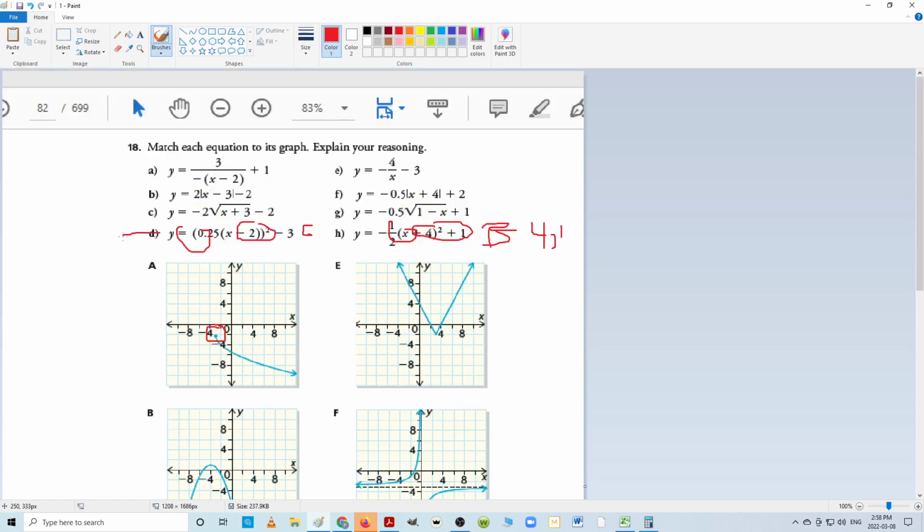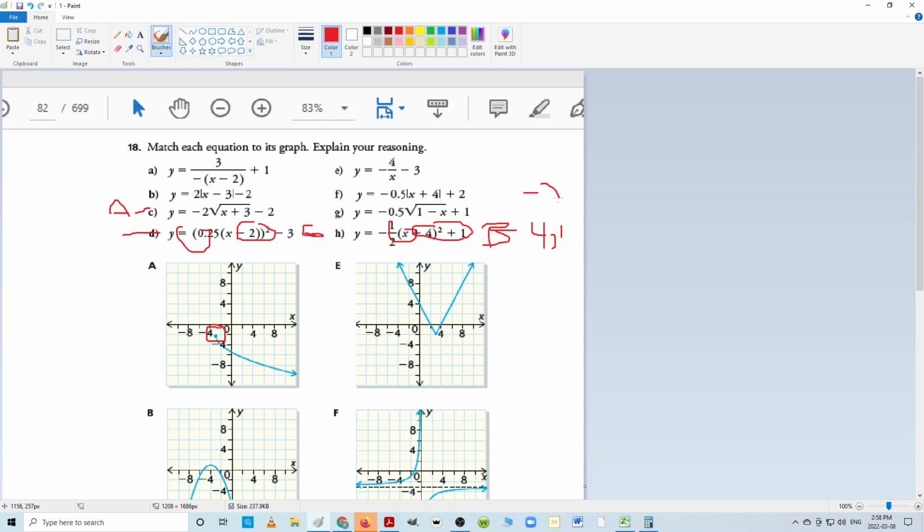So this one is A. And I know I'm not quite marking it well, but you get the idea. And this one will have a vertex. This is expressed incorrectly. There is a reflection there.